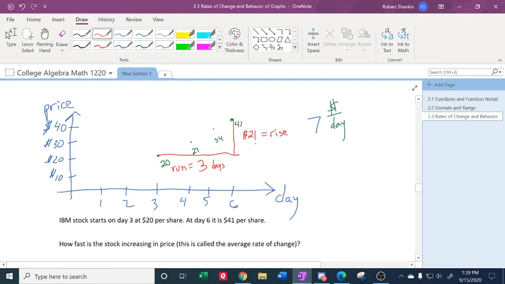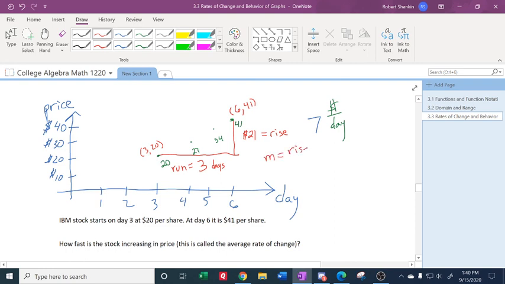Okay, and what we're going to get is if you took the slope between these 2 points. Now this is actually a point in space way over here, because it's 3 over, 20 up. This is a point in space, 6 over, 41 up.